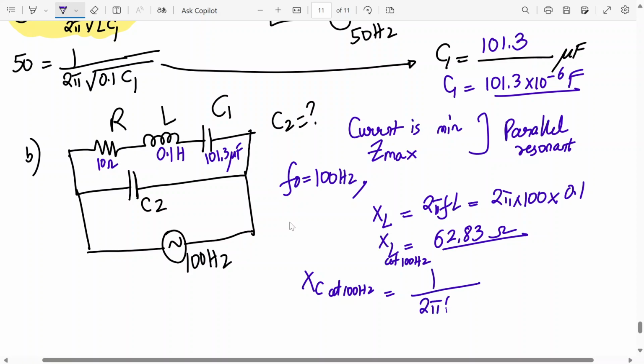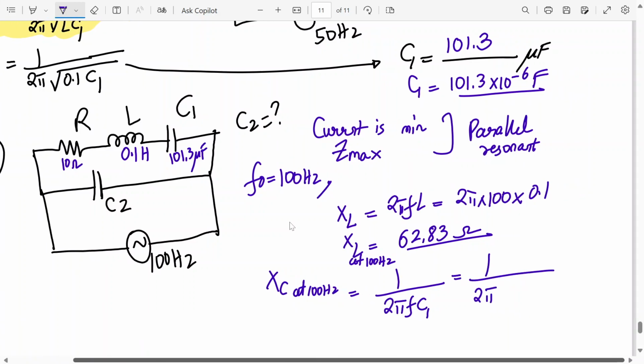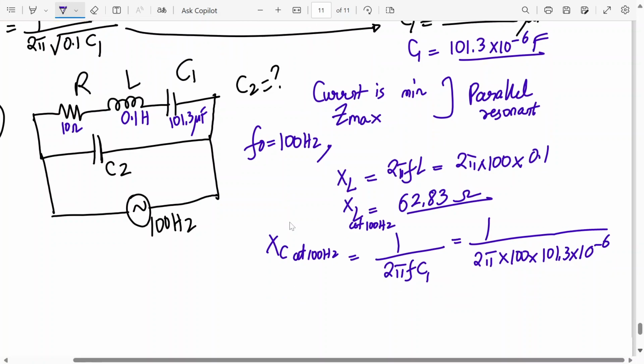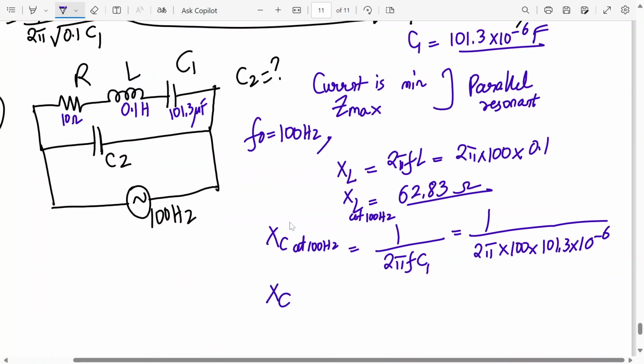XC will be 1 upon 2 pi F C1, 1 upon 2 pi into 100 into C1, which is 101.3 into 10 raised to minus 6. How much is XC?